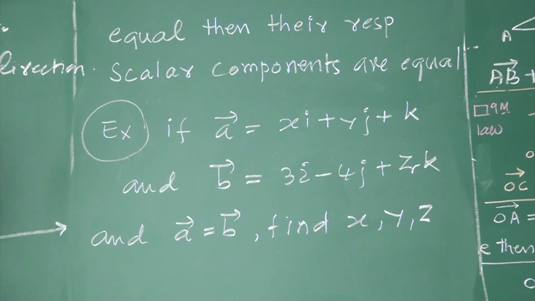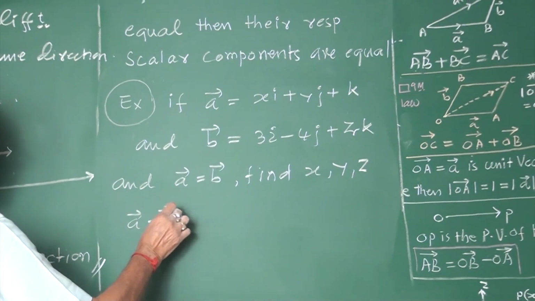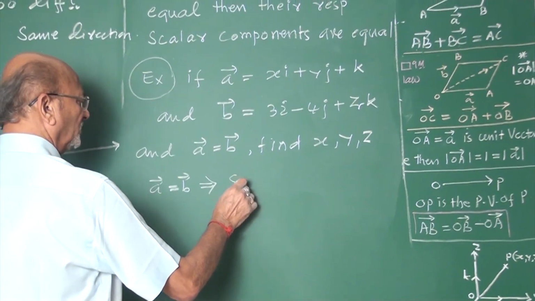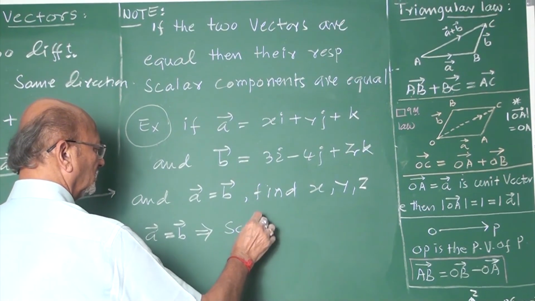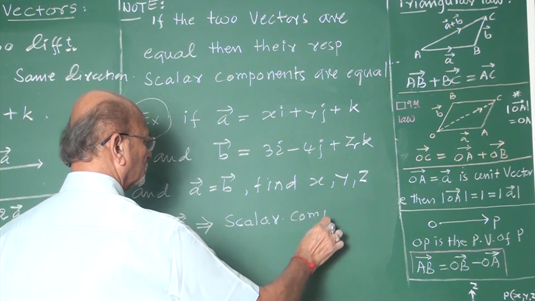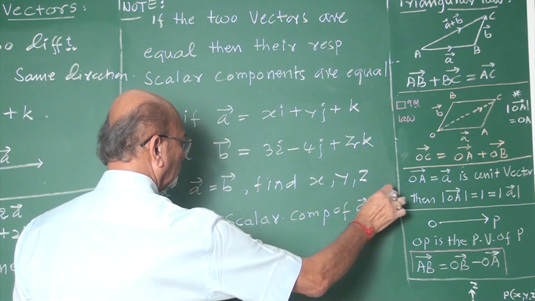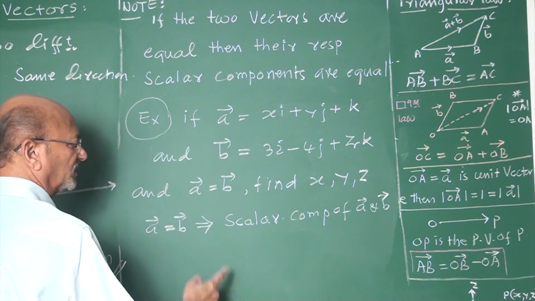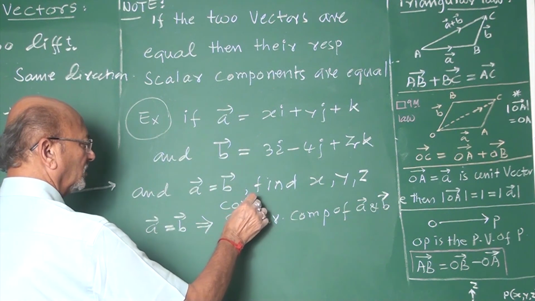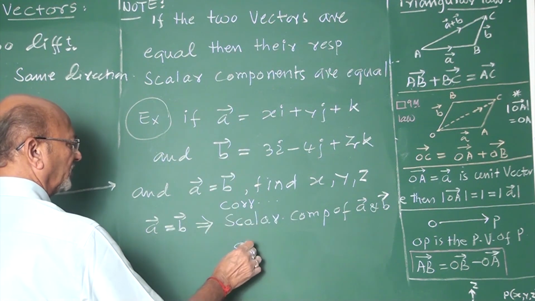Yes, my friend. Vector A equal to vector B gives corresponding scalar components of vectors A and B are equal.